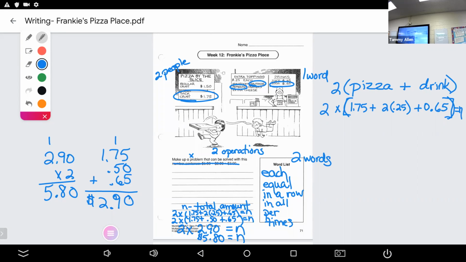Go to the table if you need to. If you need to sit up here, just so you can. You want to sit up here so you can see?